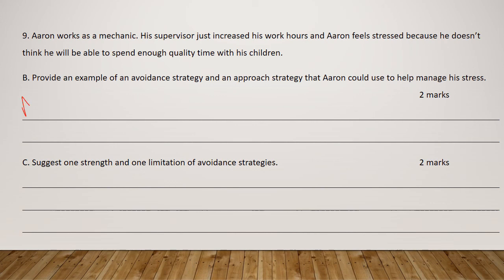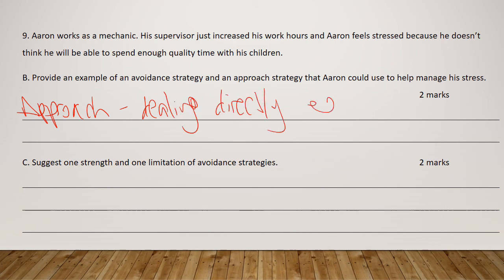So approach is dealing directly with a stressor. For example, he might quit his job. He might ask for a new roster. He might, I don't know, speak to his partner and think about the kinds of things that they could do to increase the quality of time spent with his children.